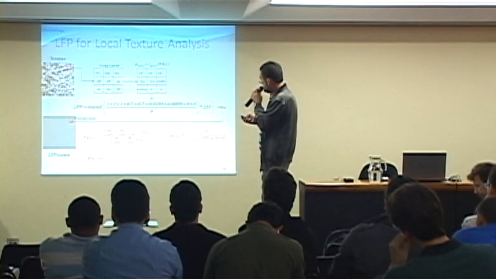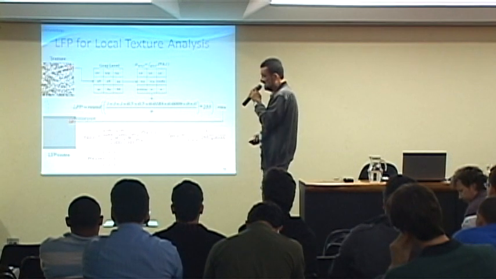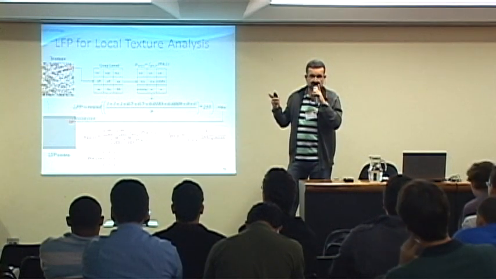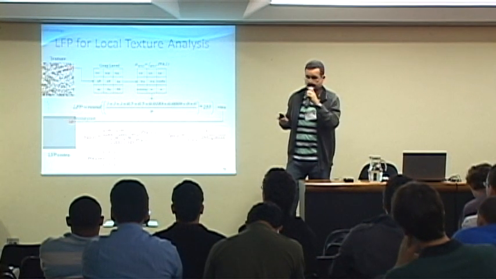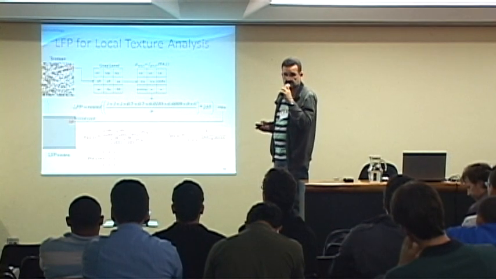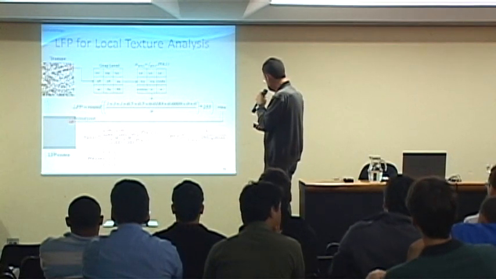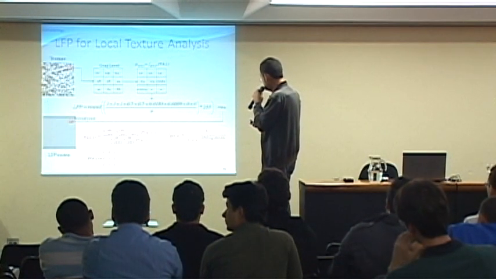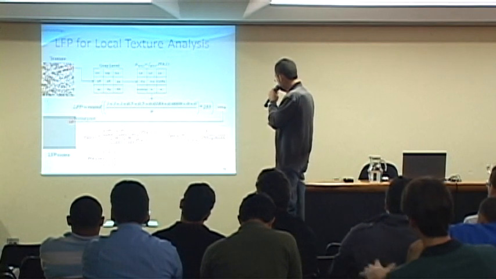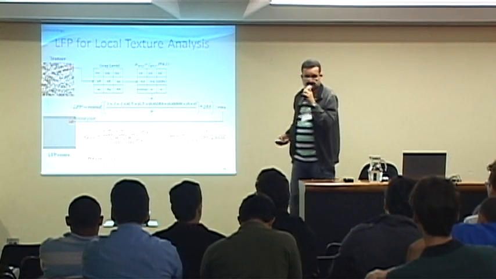If you calculate these values, you multiply by 255 to get 256 bins for the histogram. The same for the LBP, 256 bins. For example, this value is 114 for the central pixel of this region of the micropattern.